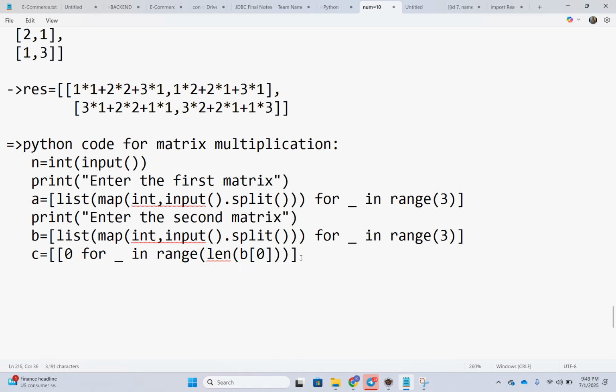Similarly, followed by for underscore in range of length of a. Because length of a is nothing but the number of rows, it will consider the number of rows of the matrix, so length of a.